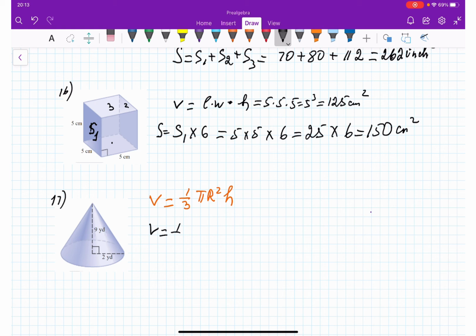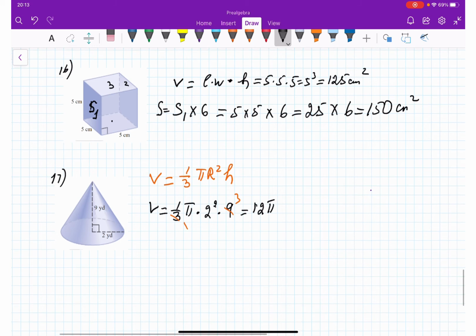Volume is equal 1/3 pi r squared, which is going to be 2 squared, and times 9 height. So 9 and 3, this is 1, this is 3, and the result is going to be 2 squared is 4, 4 times 3, 12 pi.